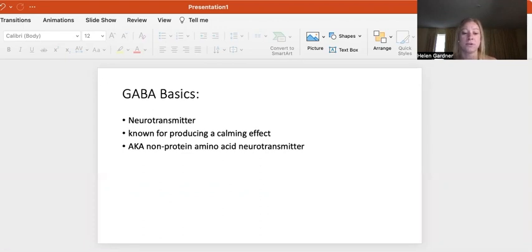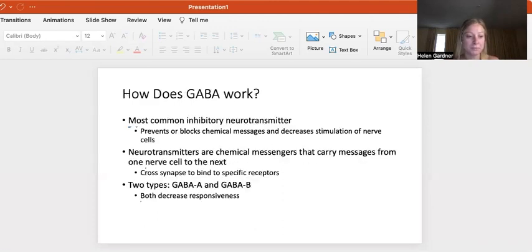GABA is known for producing a calming effect on the body, and it's thought to play a major role in controlling nerve cell hyperactivity associated with anxiety, stress, and fear. Another thing to note is that scientists also call GABA a non-protein amino acid neurotransmitter. I'll just be referring to it as GABA though.